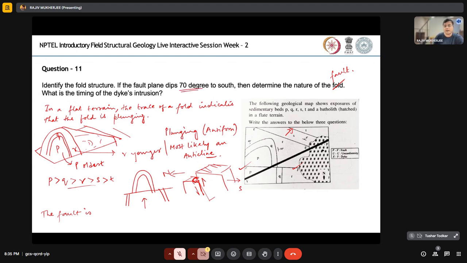We know that if a fault dips less than 30 to 45 degrees, it is a thrust fault, a reverse motion, because faults form because of compression. And if a fault that has also formed because of compression has a deep angle of 70 degrees or so, beyond 60 degrees, it is termed a reverse fault, right? So the fault is a southerly dipping reverse fault.